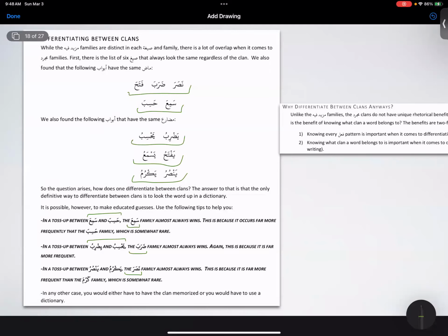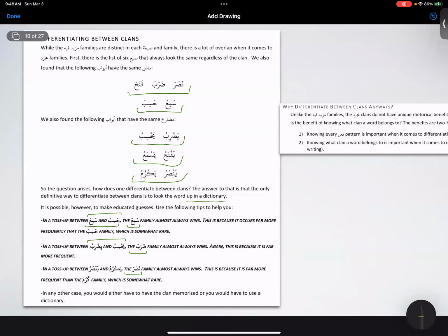So the question arises, how does one differentiate between these families? The only definite way to differentiate between them is to look the word up in the dictionary. However, it is possible to make educated guesses using the following tips. In the toss between Hasiba and Samia, both are maksurul ain.